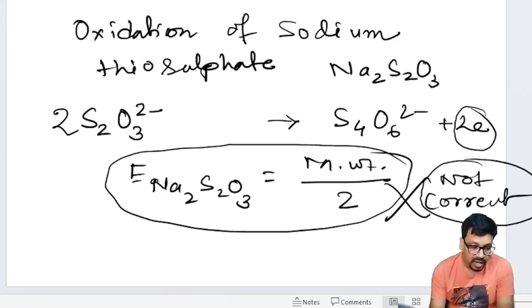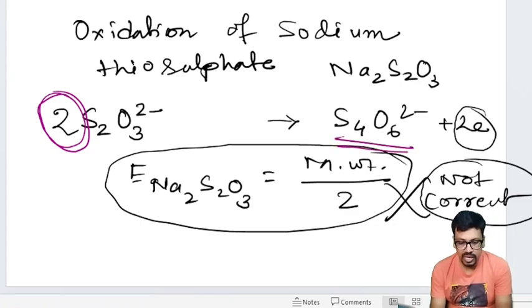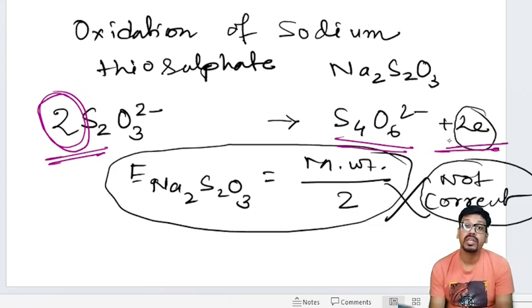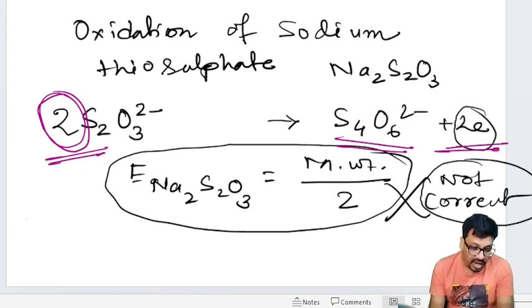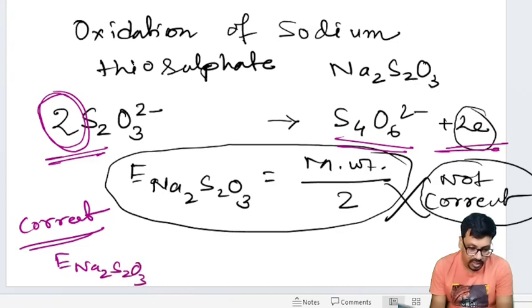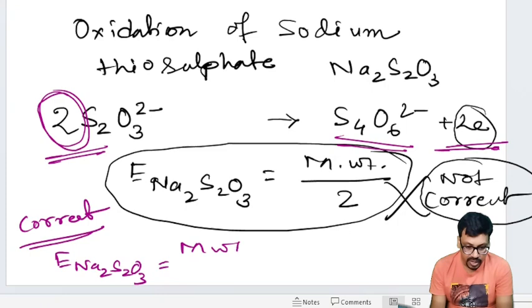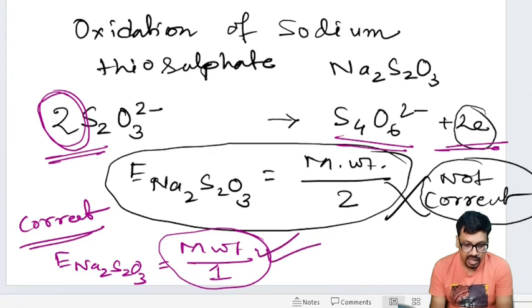Here two molecules of sodium thiosulphate are oxidized to S4O6 2 minus, and for the 2 thiosulphate ions the electron transfer is 2, but for 1 thiosulphate ion the electron transfer is 1. So the correct one is, the equivalent weight of Na2S2O3 is the molecular weight divided by 1. Clear? This is the correct answer.